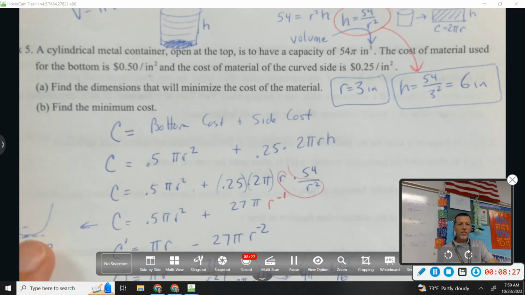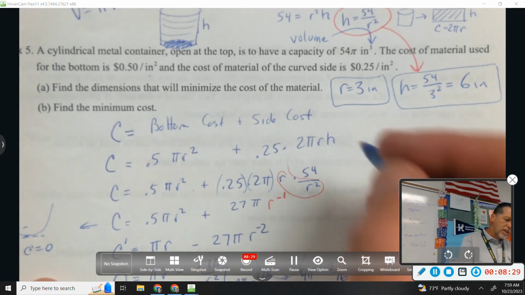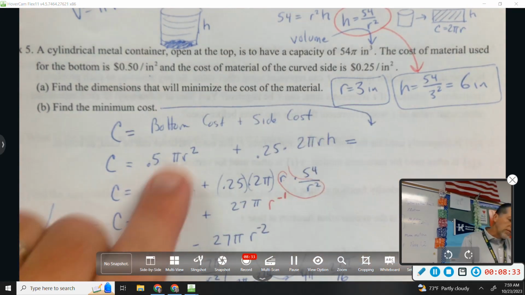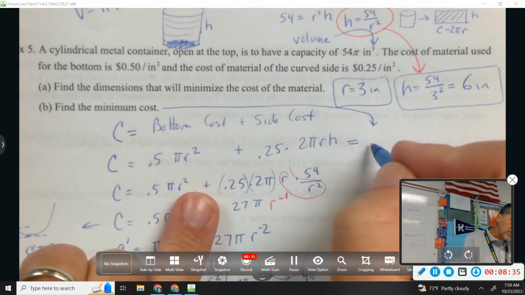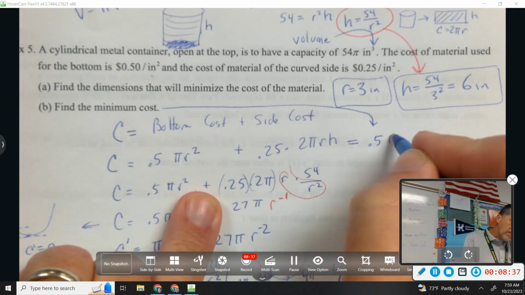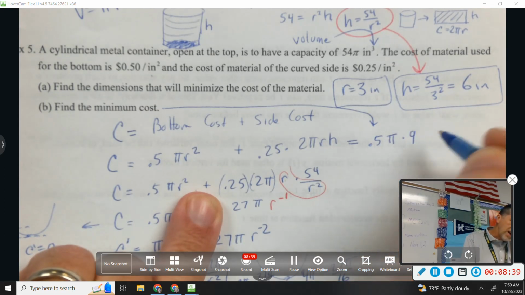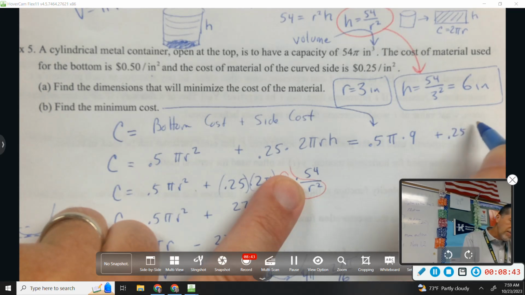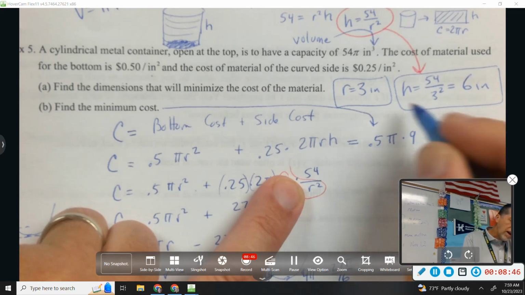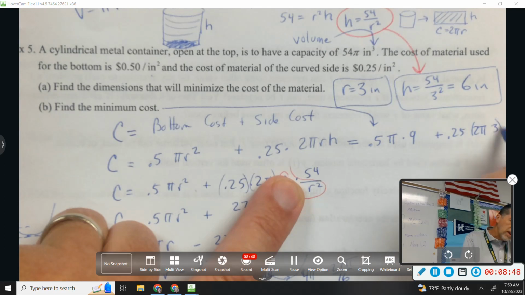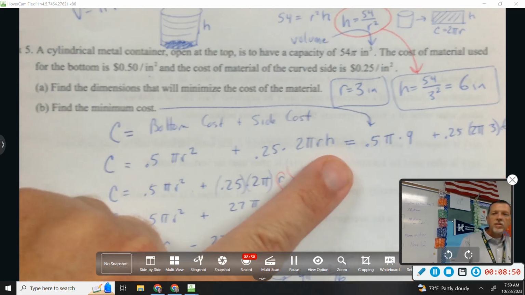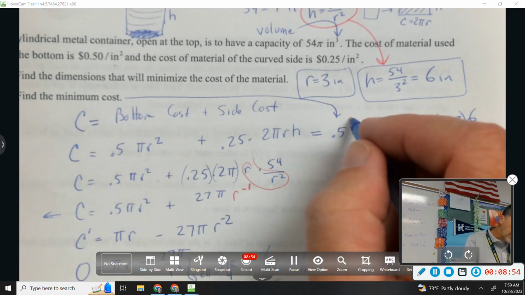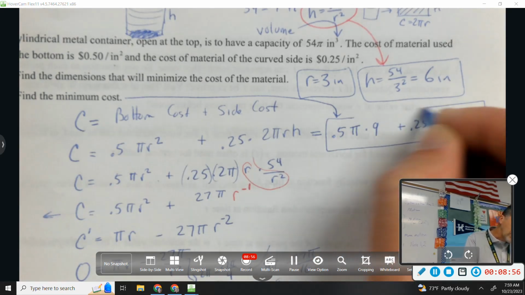And then actually find the minimum cost. Well, I've got a formula for cost, so now I can just plug in the pieces. 0.5 times pi times 9 plus 0.25 times 2 pi 3 times 6. Plug in r and h. And I'm just going to box that in and call it a day.